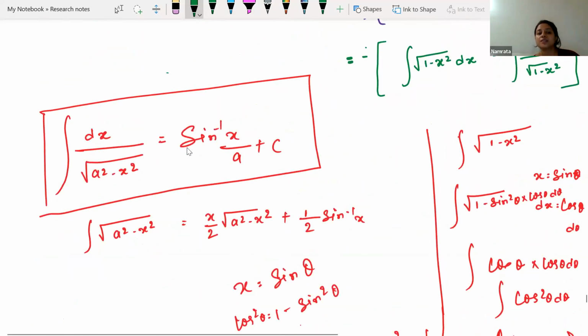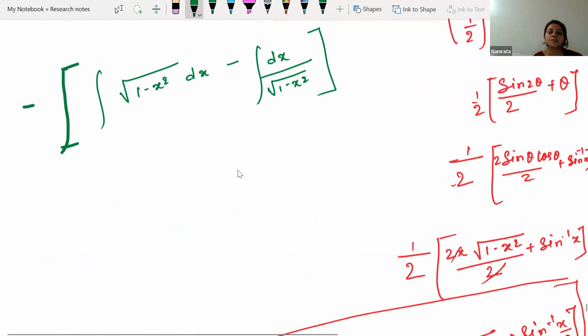Both the formulas I have written over here. The first formula says sine inverse x by a plus c. So this formula says sine inverse x by a, a is 1, plus c. Okay, so I'm writing it this much only. Is it okay to everyone? Yes, ma'am. This is what the formula is.